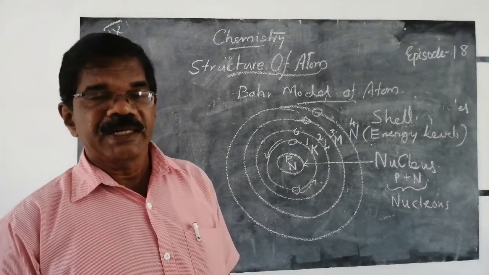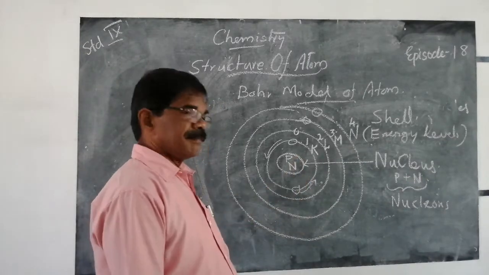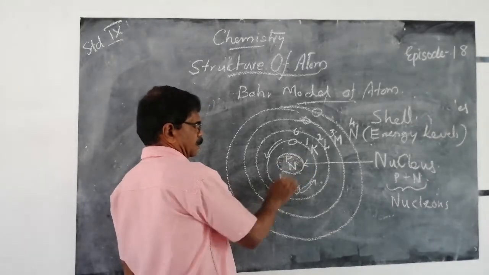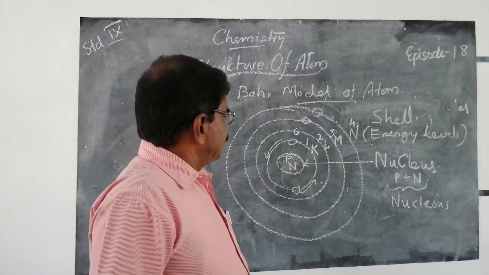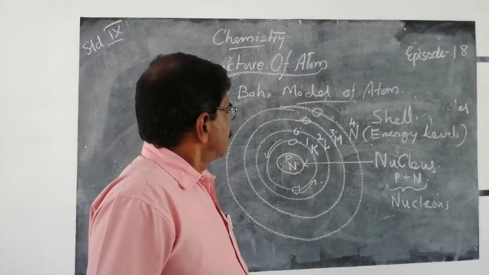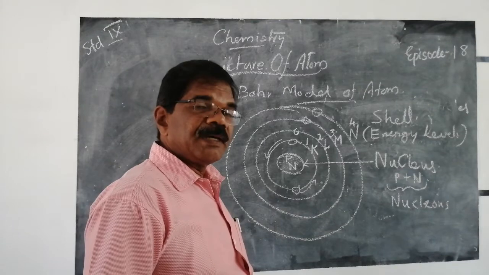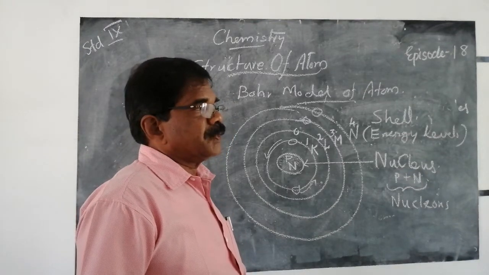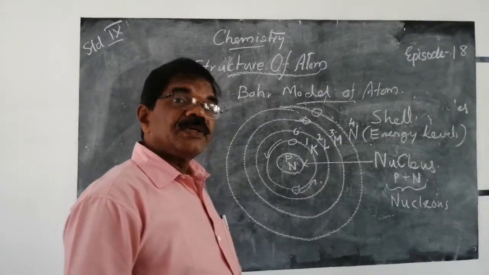In the Bohr model of atom, he proved that the center of an atom is called the nucleus. Which are the particles present in the center of an atom? Protons and neutrons.